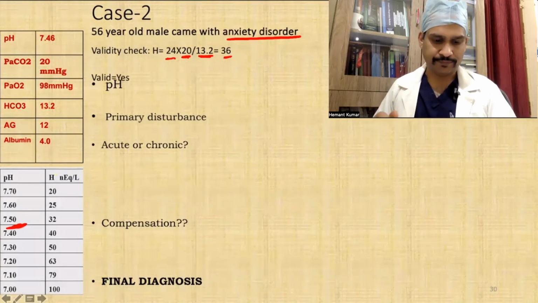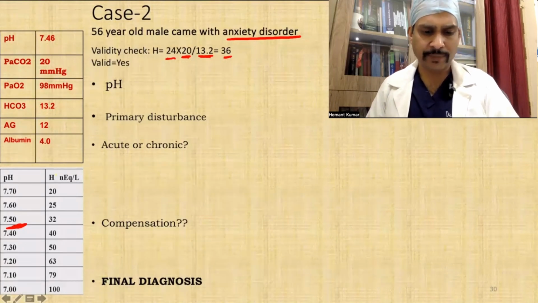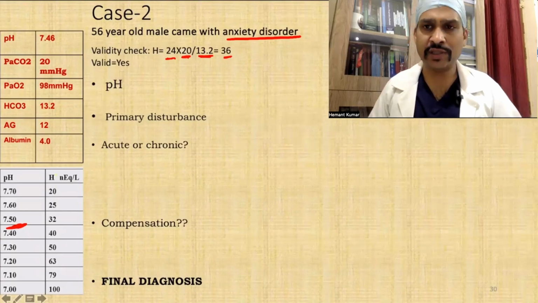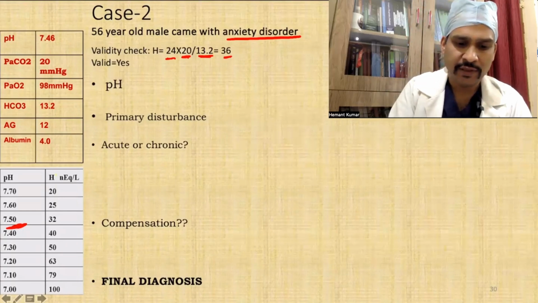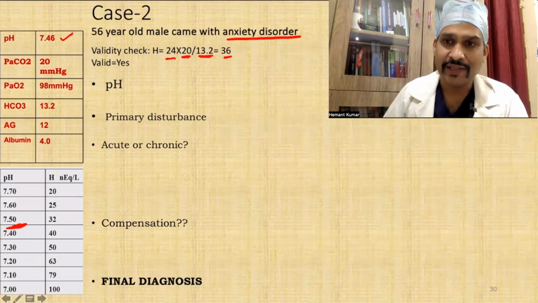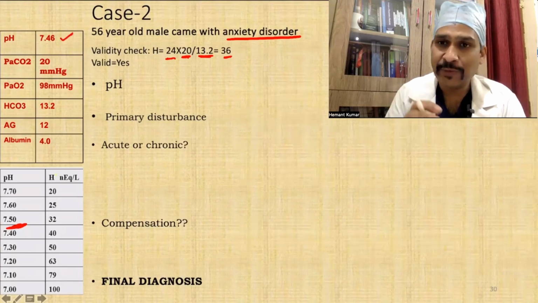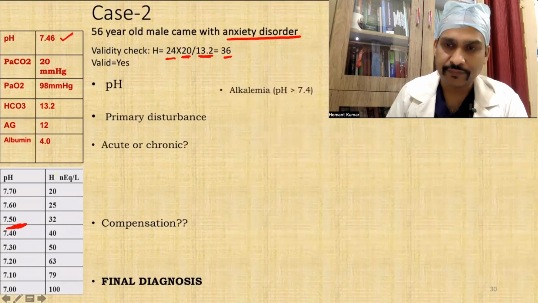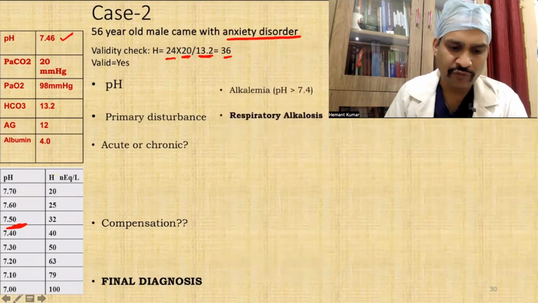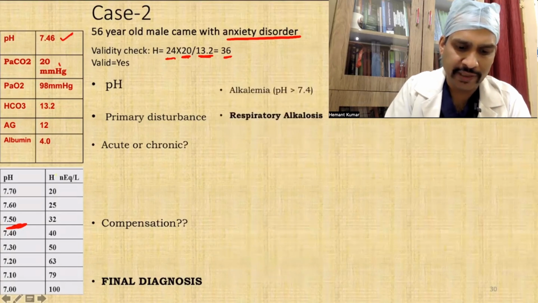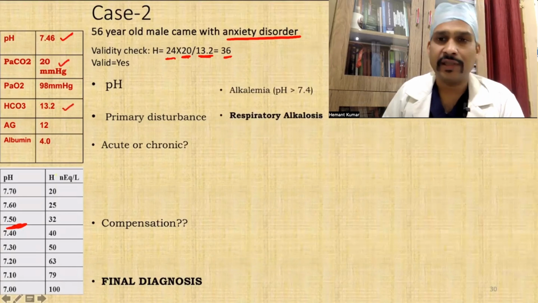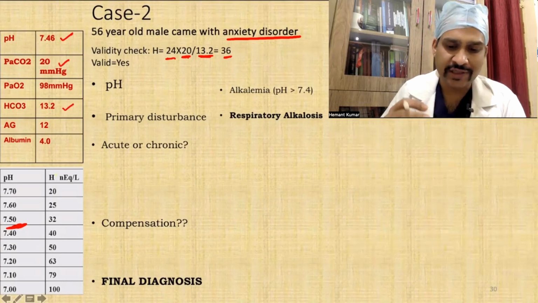It's no problem. Now look for pH. Is pH acidotic or alkalotic? pH is alkalosis. So we have to see respiratory or metabolic. We have to check PCO2. PCO2 is 20. So this is respiratory. Bicarb is 13.2, this is acidosis. So this is respiratory alkalosis.